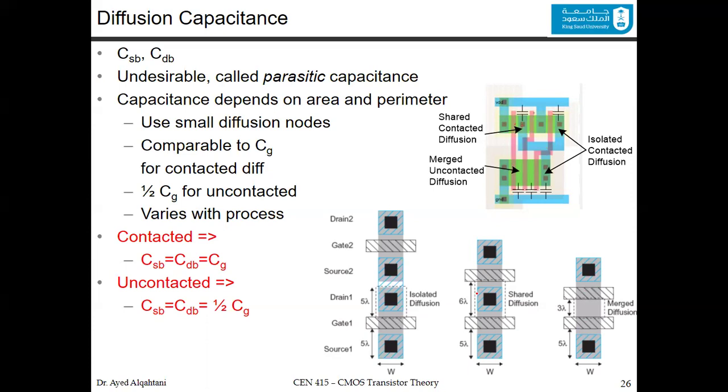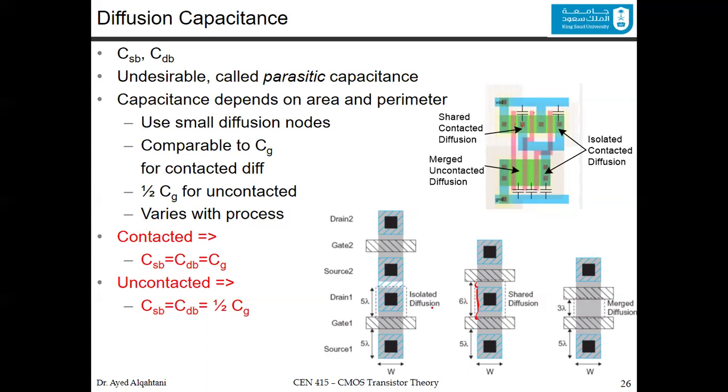Now, the contact, we say that it is 4 by 4, meaning that this side is 4 lambda. And we have 1 more here and 1 more here. So the total is 6 lambda. In total, 6 lambda. That is if it is shared diffusion. And this is usually the case. When we have a contact, we assume that it is always shared.